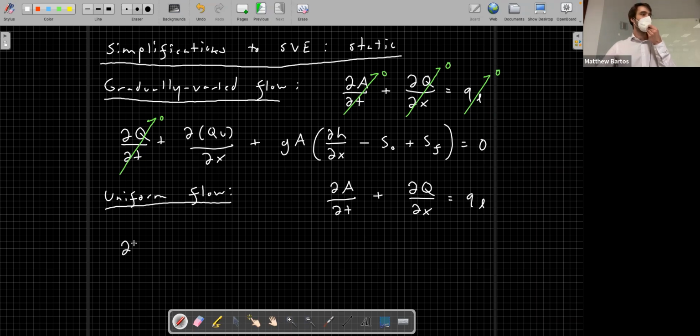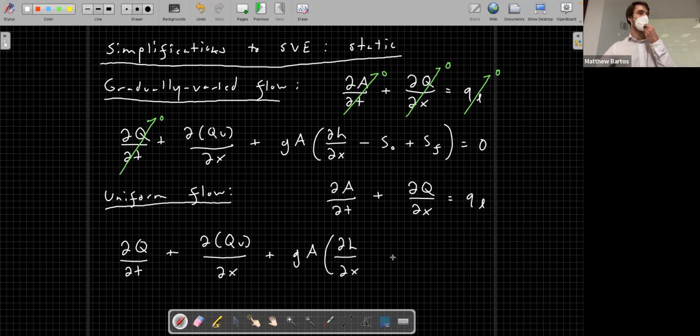And we have momentum. d(qu) by dx plus gA dh by dx minus S naught plus friction slope is equal to 0. So just like before, all our time derivatives go to 0. This is the system that is static in time.